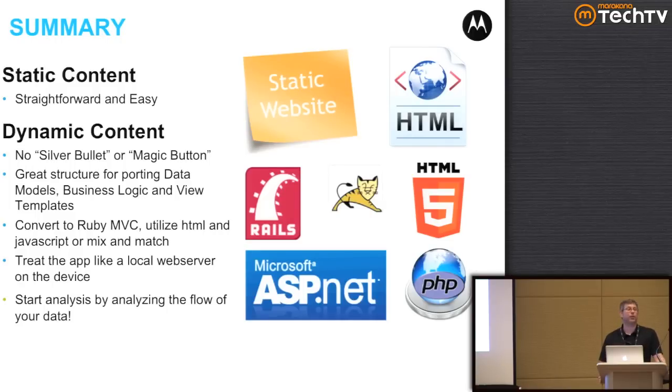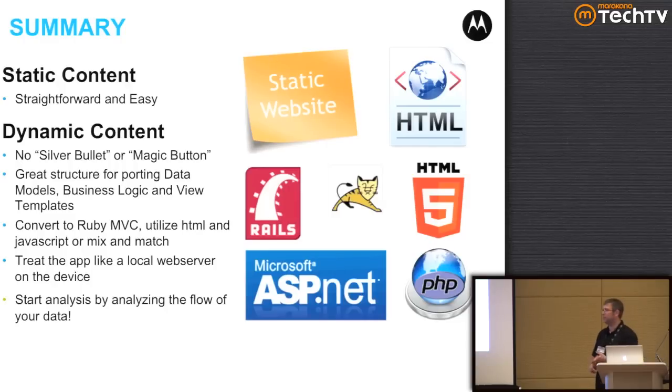Odds are that you might be using that same design paradigm, so you will already have your code broken up into its user interface, its business logic, and its data models, right? So all you need to do is understand what we need to support that. And typically, our requirements are fairly lean and straightforward. You can convert to our Ruby-based MVC framework. You can utilize HTML and JavaScript, or you can mix and match.